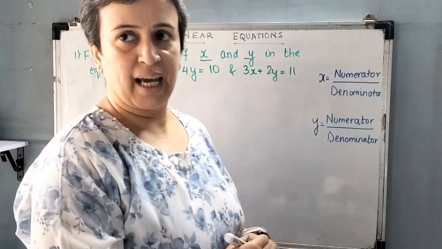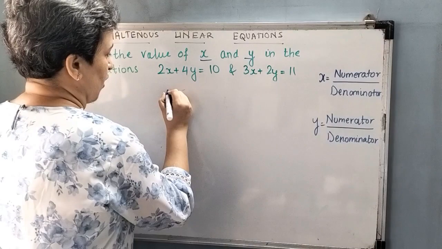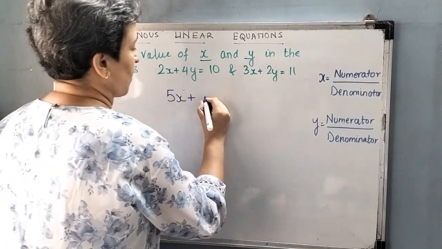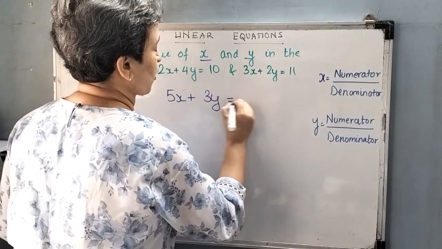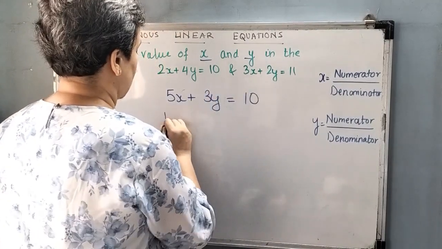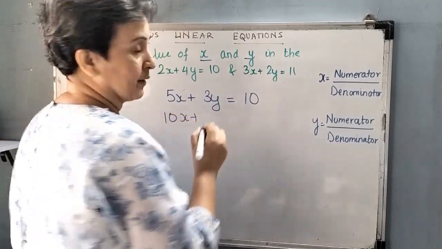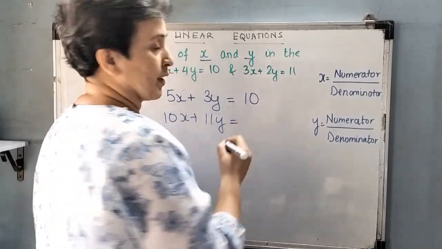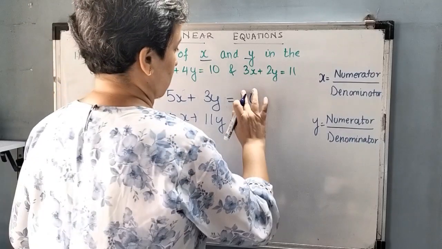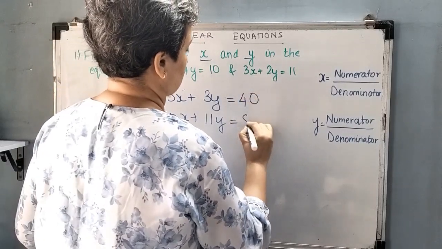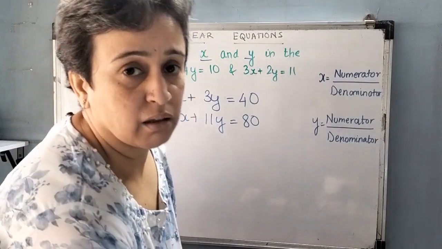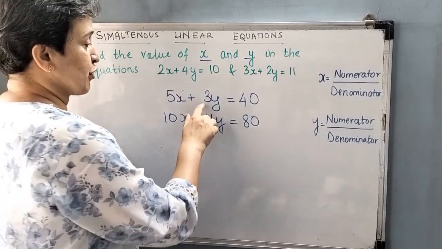Okay, now I am writing an equation: 5x plus 3y equal to 10 and 10x plus 11y equal to 18.